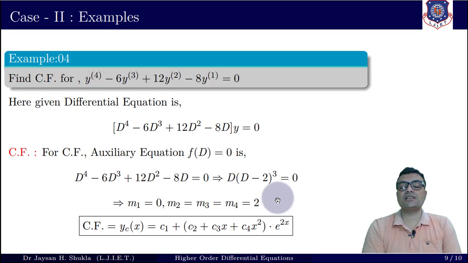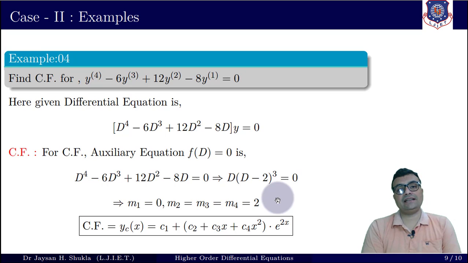Now you can generalize this method for any number of real and repeated roots. For instance, if I consider that in this case we have one more root equal to 2, you will get m1 equal to 0, and m2 equal to m3 equal to m4 equal to m5 equal to 2.